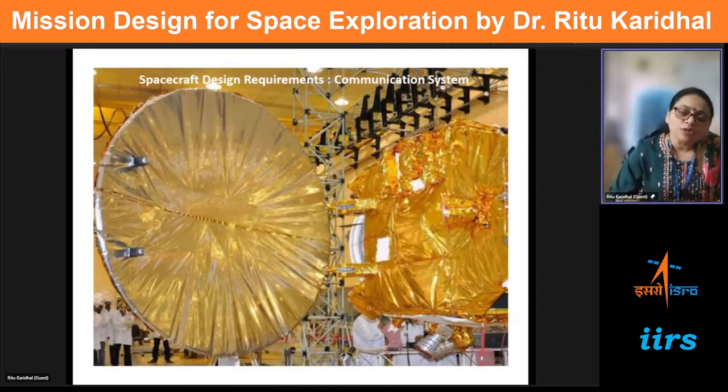For any satellite, you need to have an antenna. But these antennas have to respond over distances of, say, 220 million kilometers to 400 million kilometers. Its sensitivity has to be very finely tuned to respond to such a huge distance.